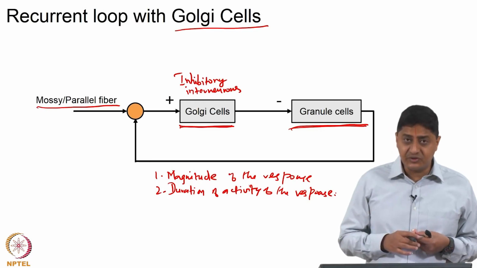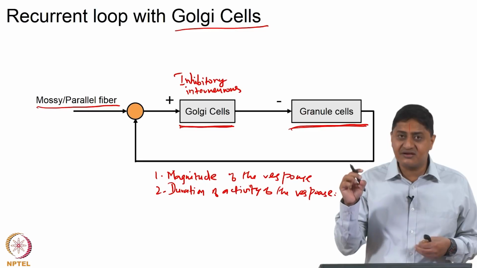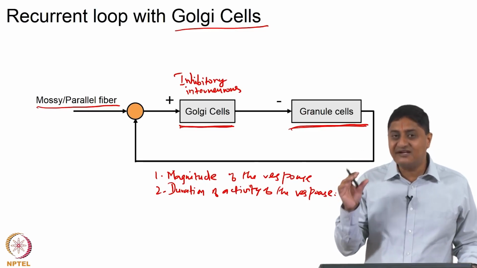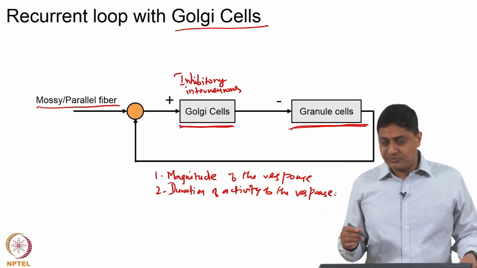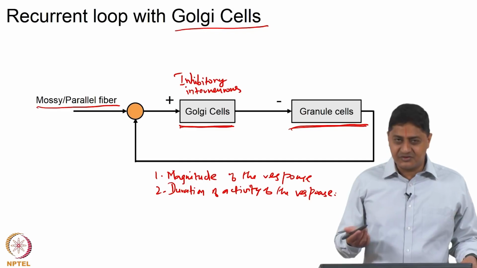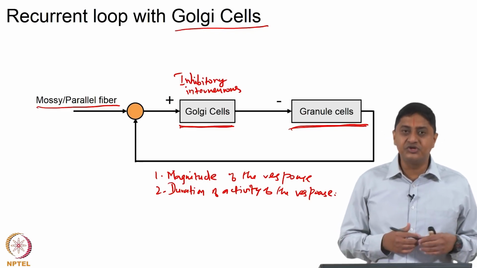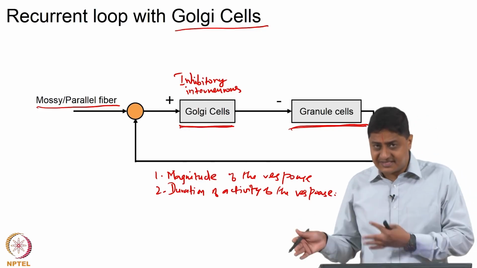So, when I say magnitude of the response will reduce, I am talking about the total response of this system of the set of neurons under consideration. So, obviously individual action potentials will not reduce, their magnitude nor duration will change.